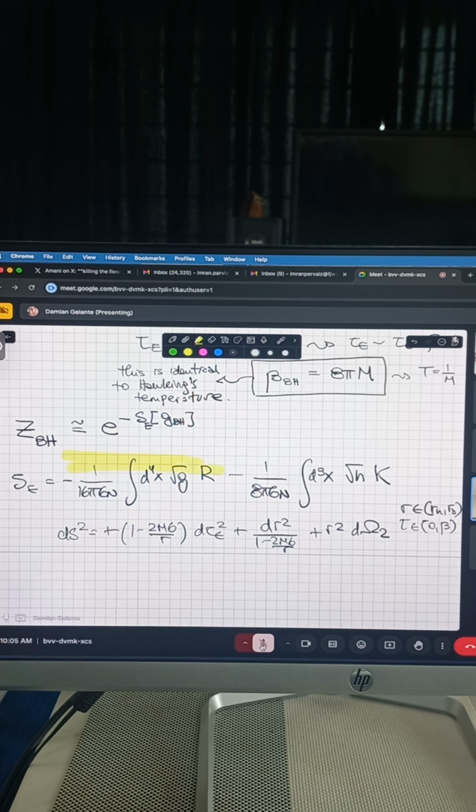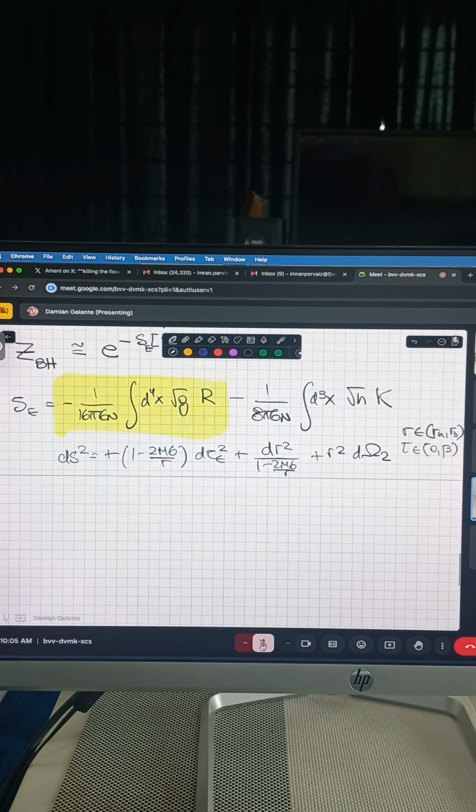So who can tell me what this term over here gives if I evaluate it? If I evaluate this in the black hole metric, what do we get for this term? So what is R for the black hole?